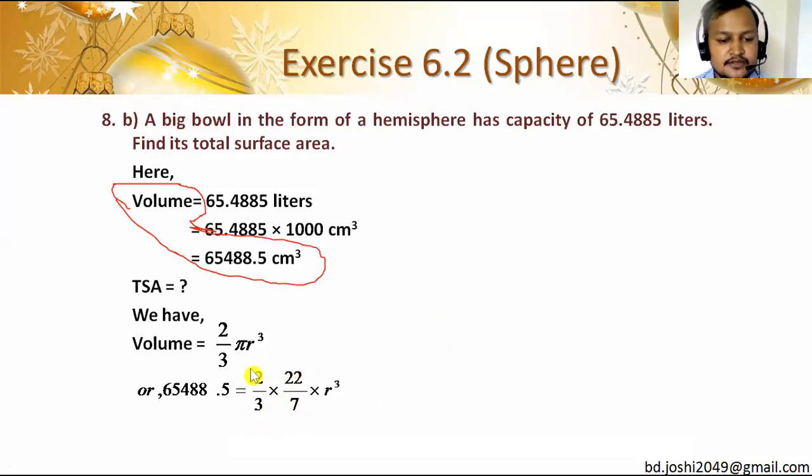Now to simplify this, numerator becomes 2 into 22, 44, 3 into 7, denominator becomes 21.